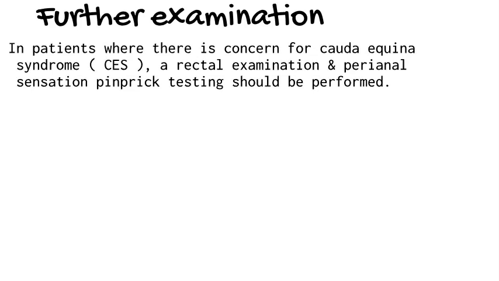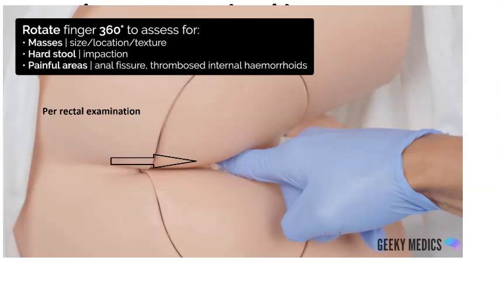This first picture shows how to do the per-rectal examination by inserting your finger into the rectum, and we need to rotate it to assess for any masses, hard stool, any impaction, any painful areas that show any anal fissures or internal hemorrhoids, and you must test for any anal tone.